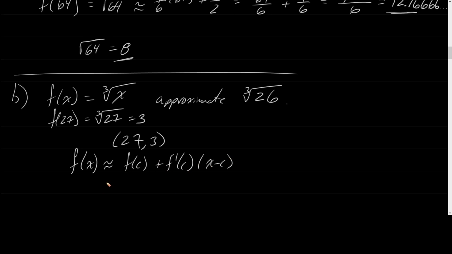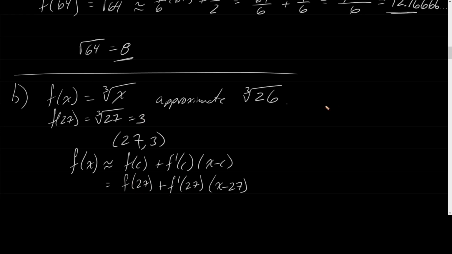In this case, that would be f of 27, because that's where we're basing our approximation, plus f prime of 27 times x minus 27. We know f of 27 was 3, so we got that part.